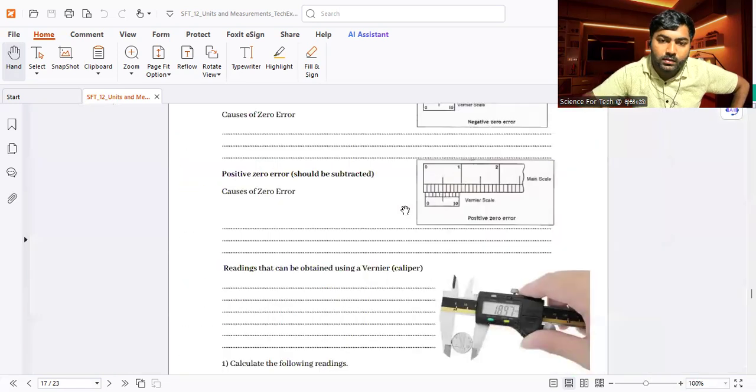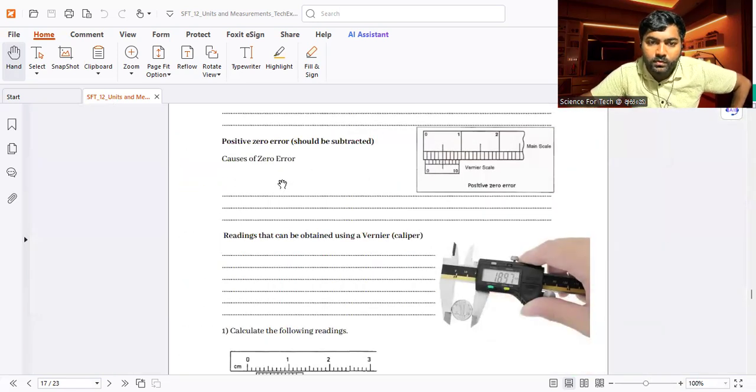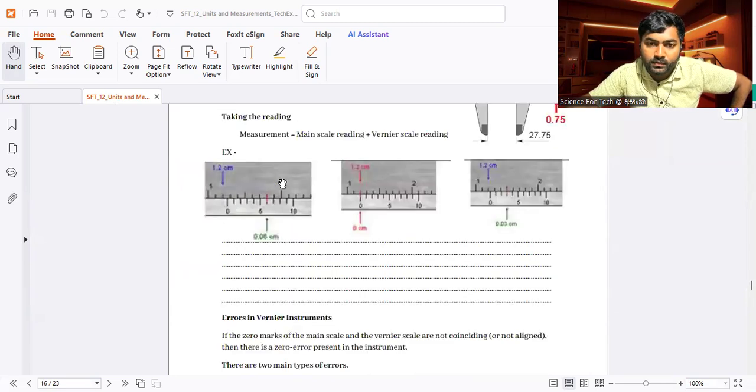Write the next subtopic: causes for positive zero error.